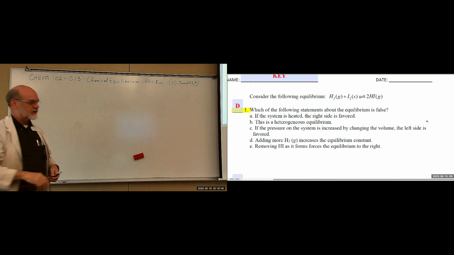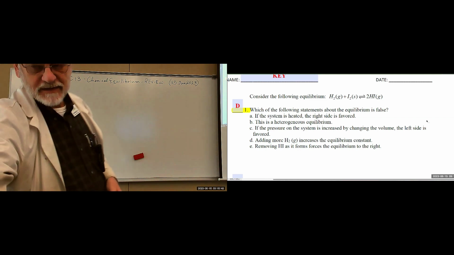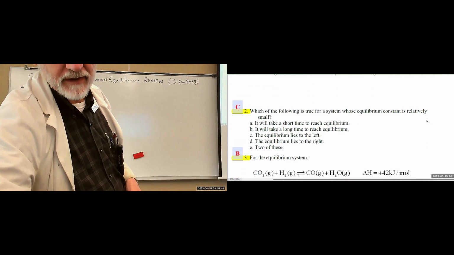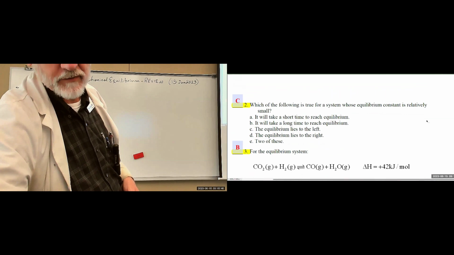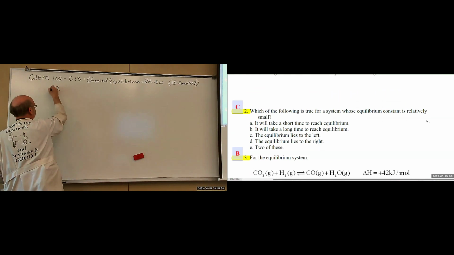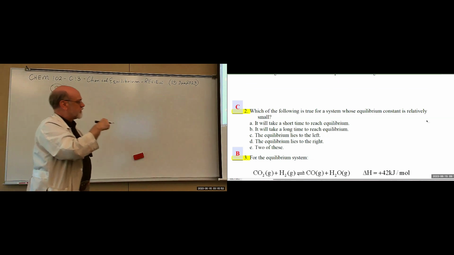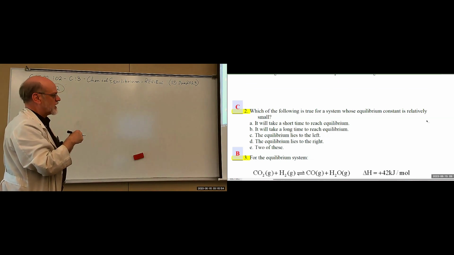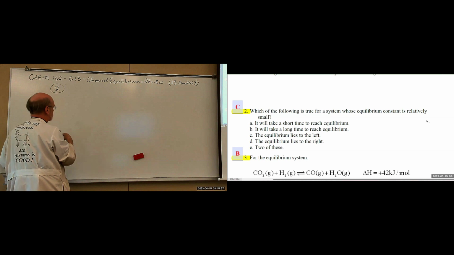All right, how about number 2? I'm gonna have to do this manually. Let's see, do I have room? No, I don't have room for 3. So we'll just stay with 2. Which of the following is true for a system whose equilibrium constant is relatively small?